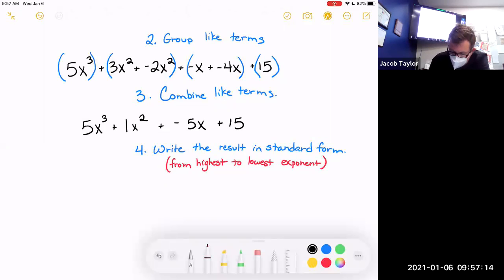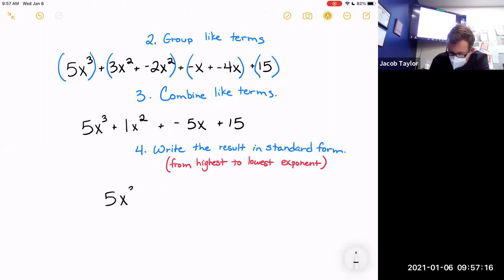So I would write our answer as 5x cubed plus, you could write 1x squared or just x squared. You could do plus negative 5x, or you could just do minus 5x plus 15.